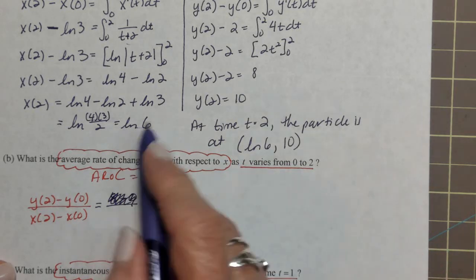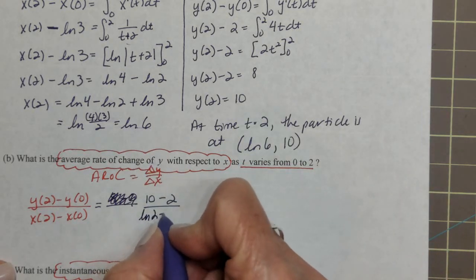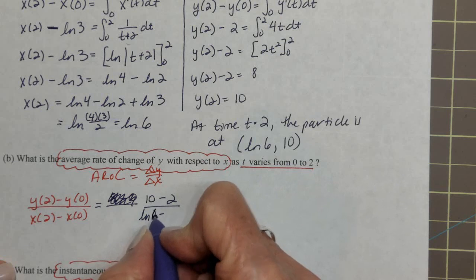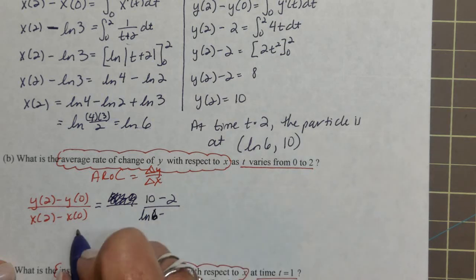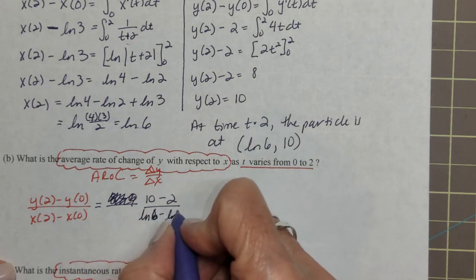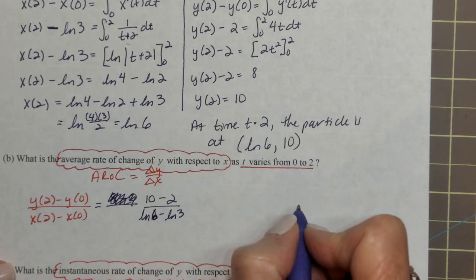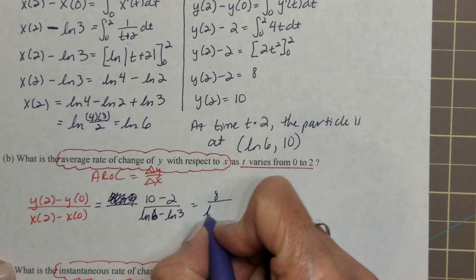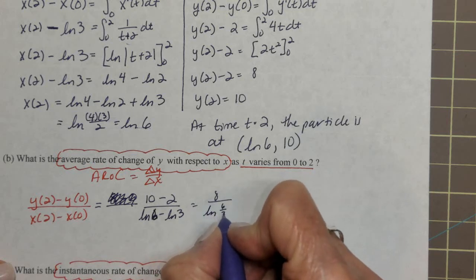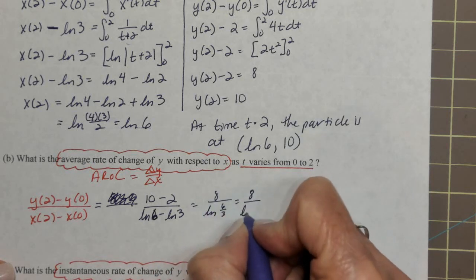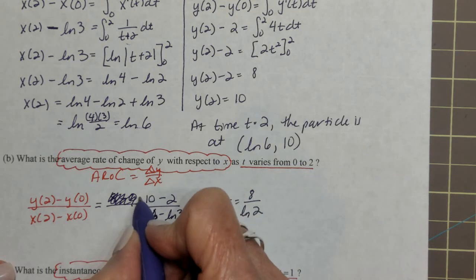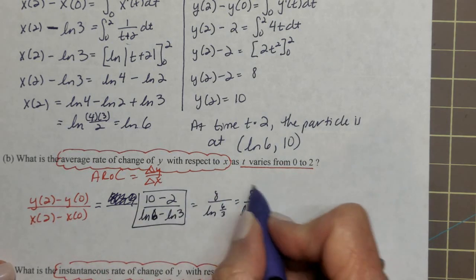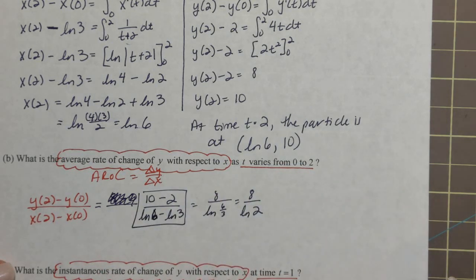X at 2 we just found is natural log of 6, and x at 0 we were given is natural log of 3. So this is 8 divided by ln of 6 divided by 3, which is 8 divided by ln of 2. This would be a safe stop spot. This would be the multiple choice answer.